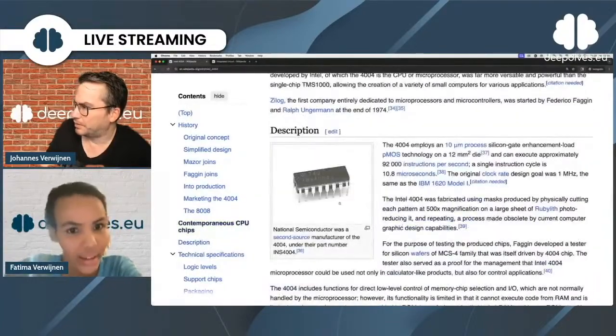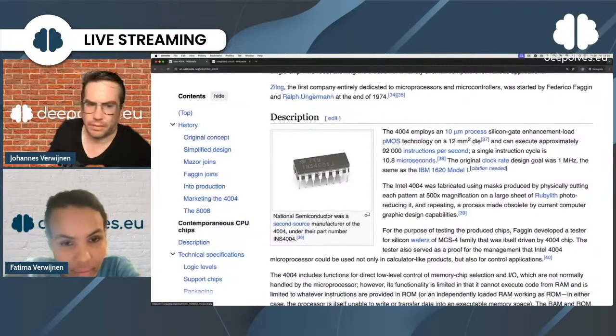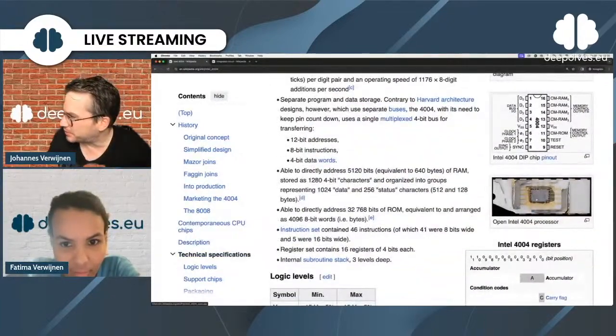So here you can see a picture of the chip in the casing, right? Like I said, it looks a little bit like a caterpillar with the legs here. And you can actually see a blown up picture. So this is the actual chip inside that casing, right? You can see a bit of the legs here at the top.